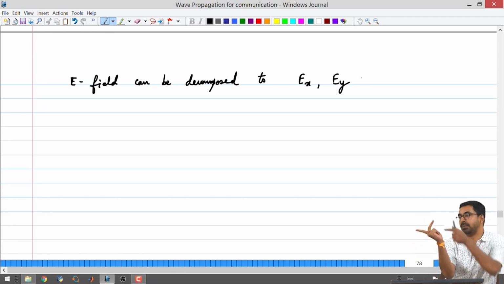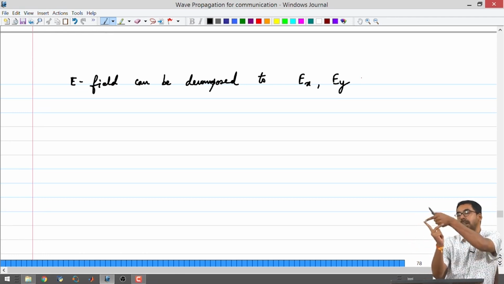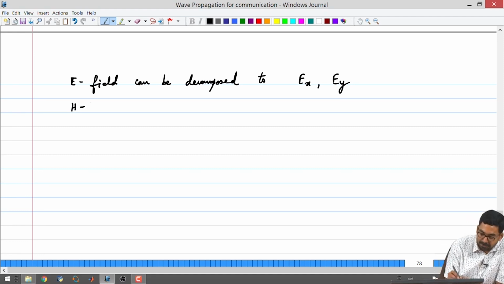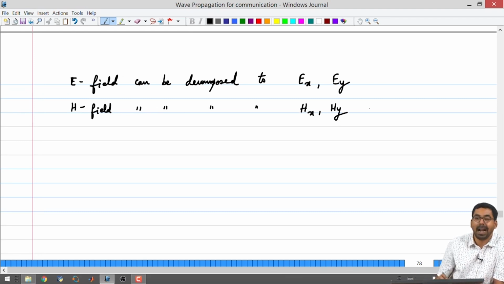When you move away from the horizontal axis, you can always take a projection of the index finger on the horizontal axis and a projection on the vertical axis, and you will get Ex and Ey. Correspondingly, the magnetic field can be decomposed to Hx and Hy, okay.